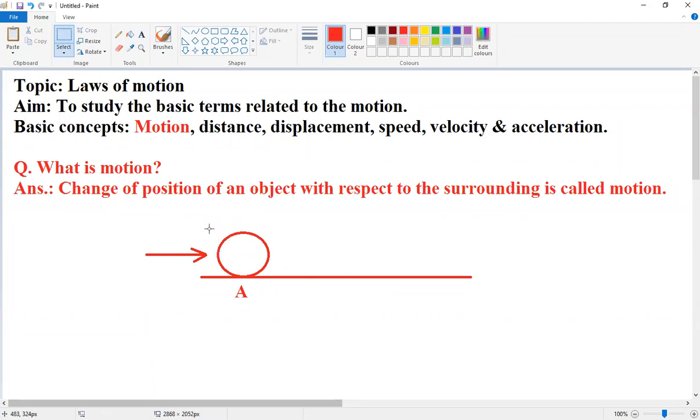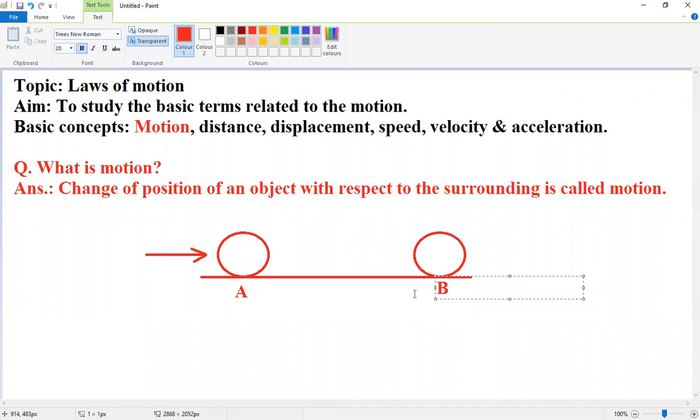And it will be somewhere here after some time. So you will find this object somewhere here after a certain time. It changes its position.